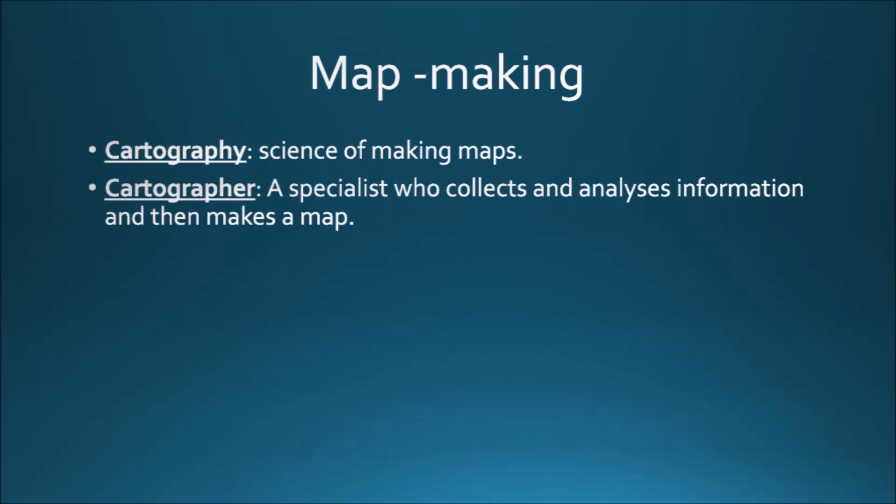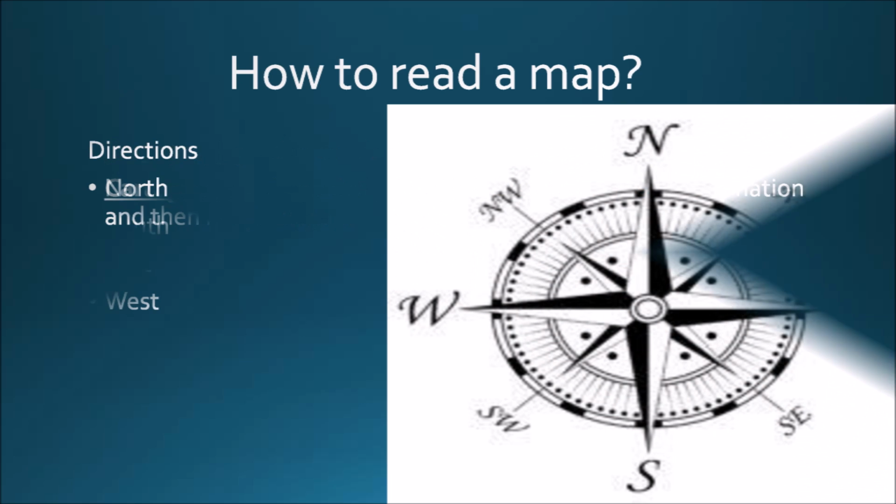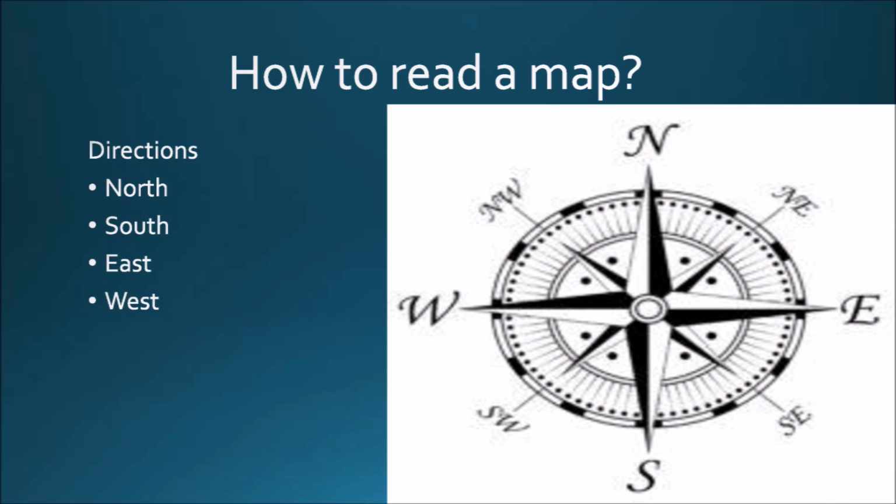How to read a map? A map has its own language. Reading a map is a lot of fun. But before that, you need to understand certain symbols and features related to it.